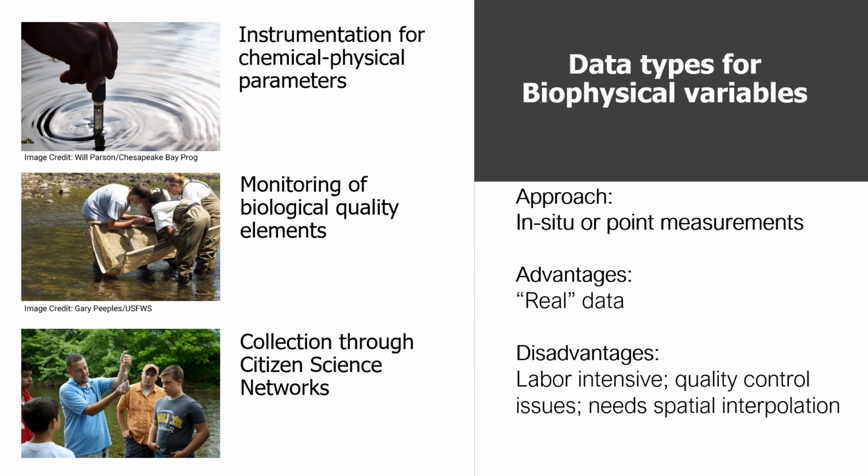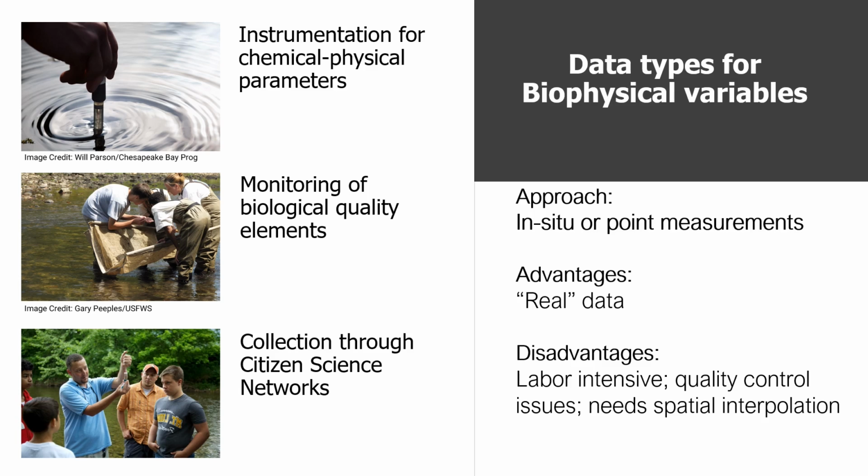The variables that can be monitored under the biophysical category, especially ecosystem vitality of FHI, can be roughly classed into three approaches as well. The first are in situ or on-site point measurements.